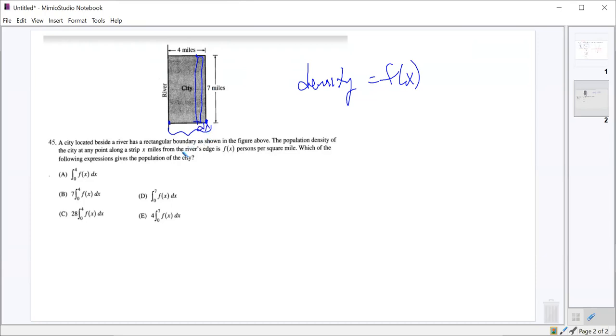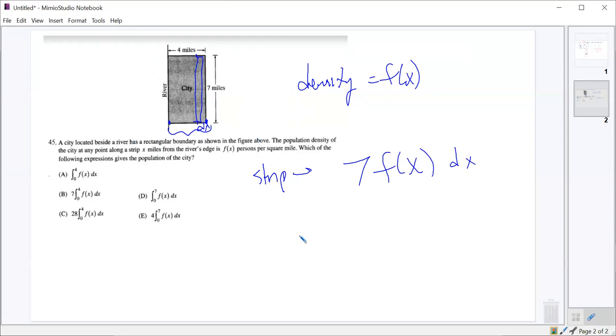And so if we were to try to figure out the actual population of the city, that should be the density in people per square mile times the number of square miles. And so we know that the number of people in one of these strips is 7 times the density times the width of that strip.